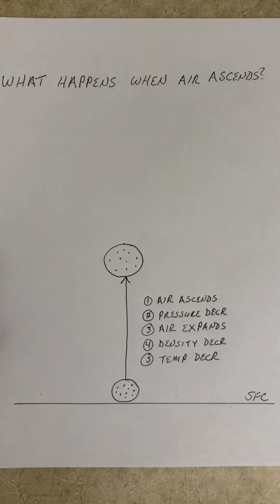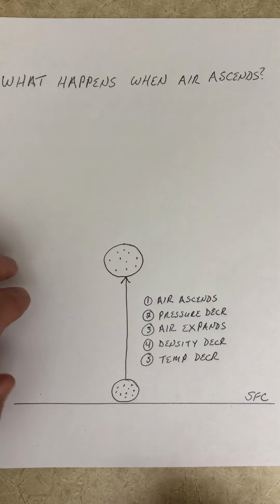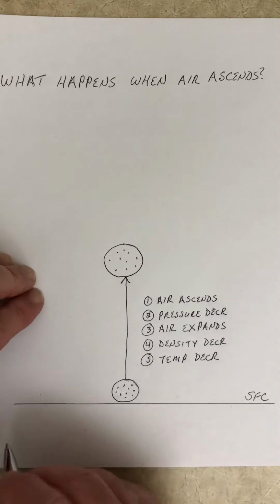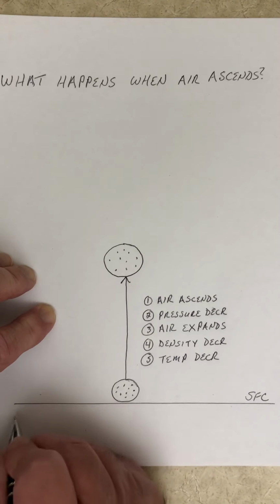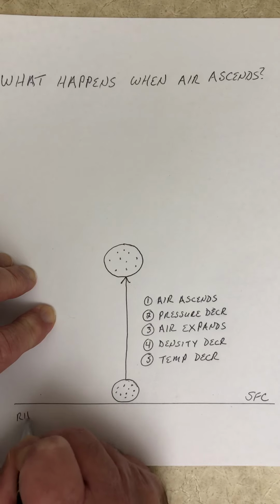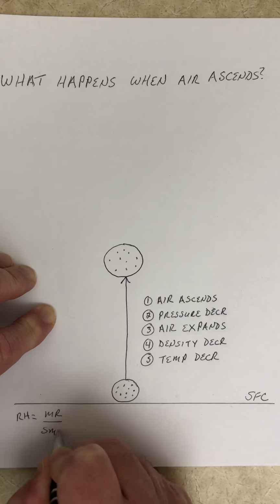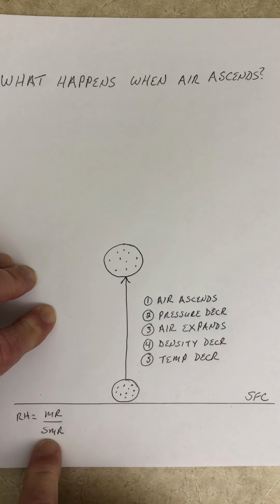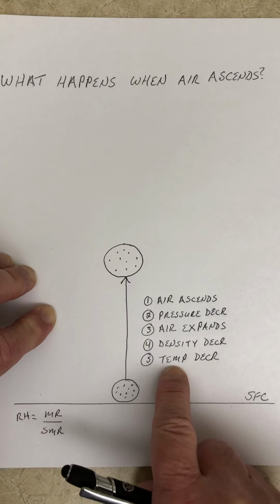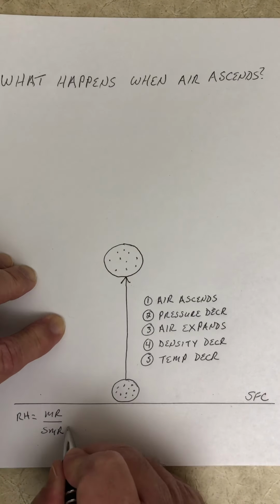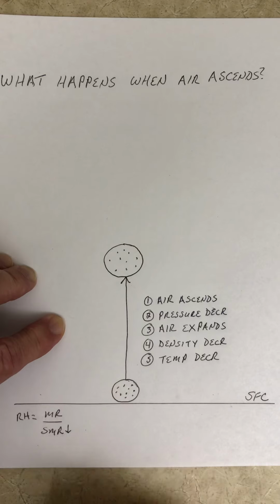So if we remember back to our relative humidity, that relative humidity is equal to the mixing ratio divided by the saturation mixing ratio. Saturation mixing ratio is temperature dependent. So if the temperature is decreasing, that means that the saturation mixing ratio is decreasing.